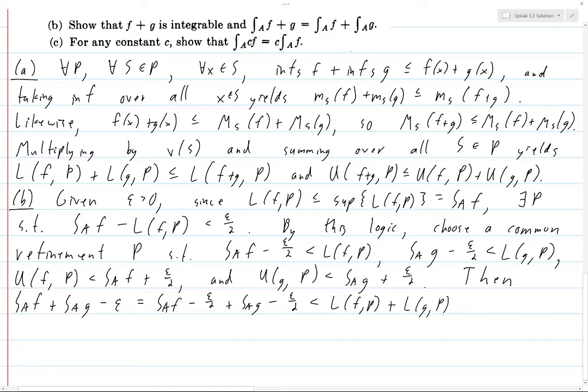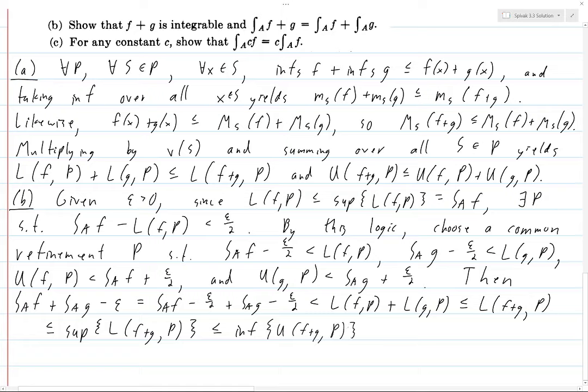And then we know from part A that L(f, P) plus L(g, P) is less than or equal to L(f+g, P). And L(f+g, P) of this particular partition will certainly be less than or equal to the supremum over all partitions of the lower sum. And this we know from the textbook is less than or equal to the infimum of U(f+g, P).